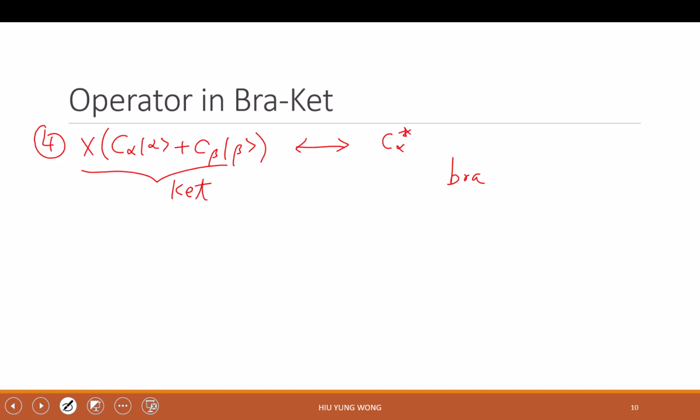C star, bra of alpha plus C beta star, bra of beta, and then how about X? Transpose, complex conjugate, right? This is called the adjoint. We'll discuss this later.